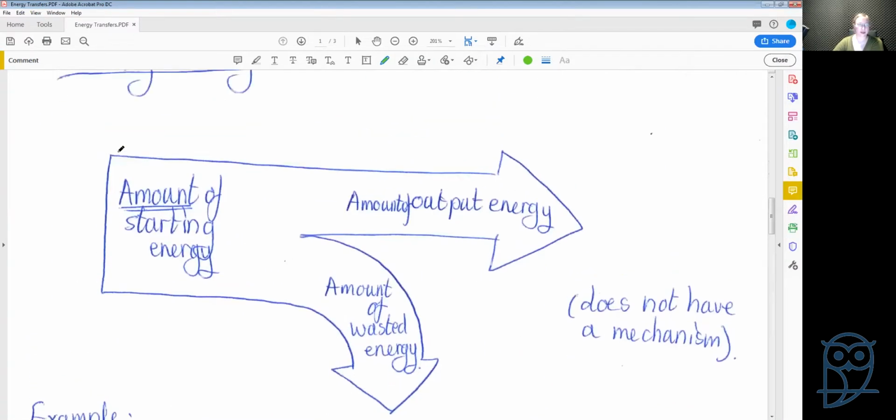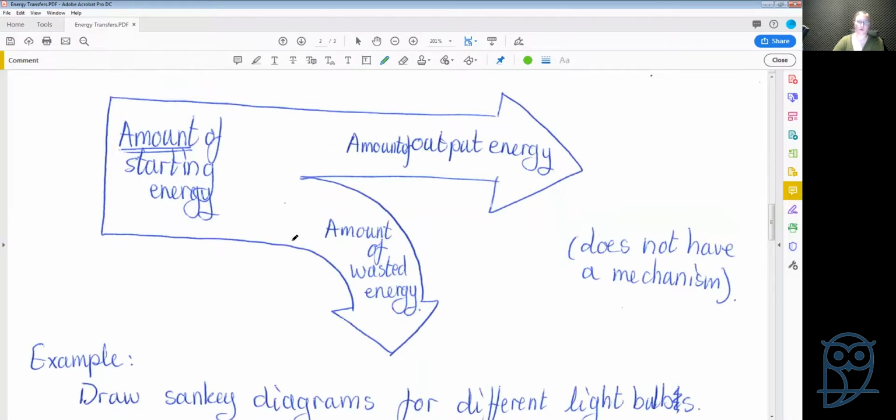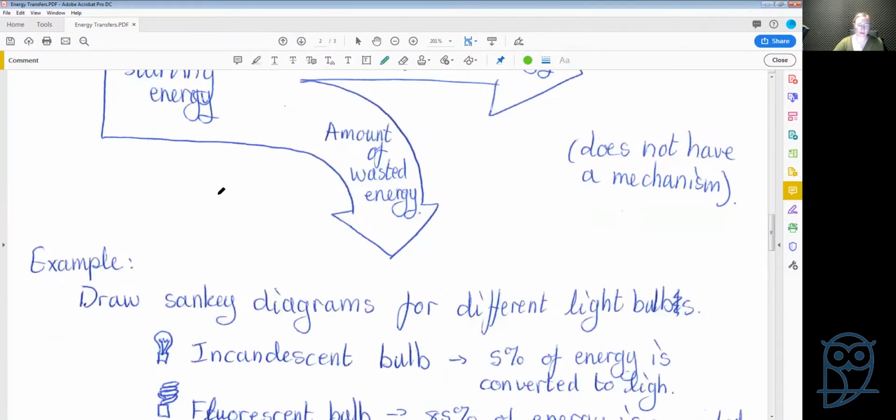Here we've got some amount of starting energy, and then we've got some amount of output energy, which is a straight arrow. These are the kinds of energies we want. And then we've got some wasted energy or energy transferred to something else, which we don't want, which is an arrow coming off of the side. And these are normally proportional. So these two added together gives us the amount of starting energy.